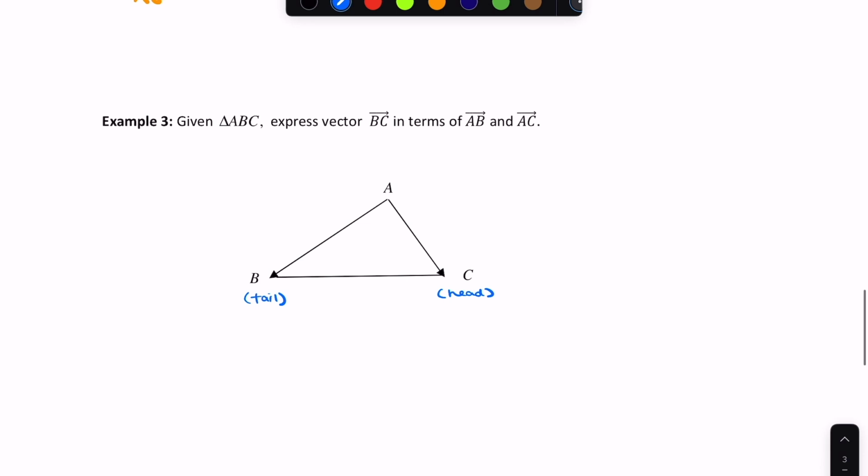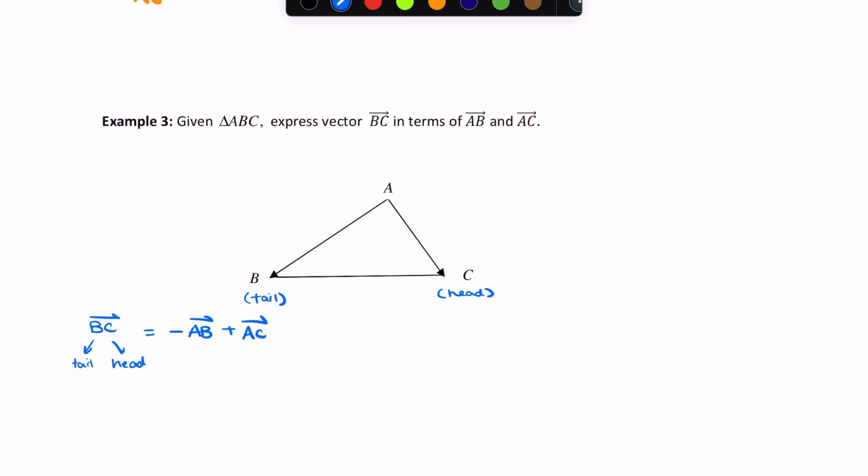And so here we can write vector BC, tail being B, C being the head, is equal to negative vector AB plus AC.